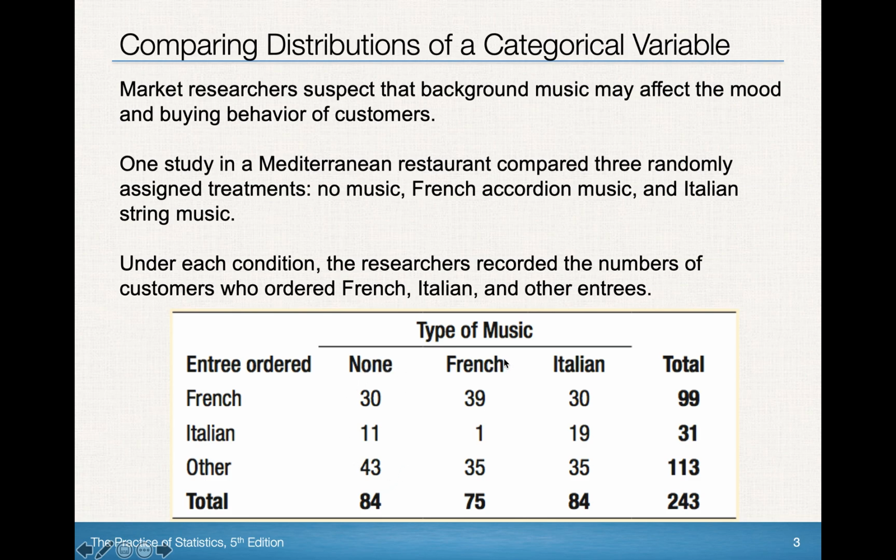The next treatment was the French music playing in the background, and the final treatment was the Italian music playing in the background. They calculated the number of people that ordered each type of food, French, Italian, or other, based on the type of music playing. Okay, so this is now in matrix A, and we'll continue.